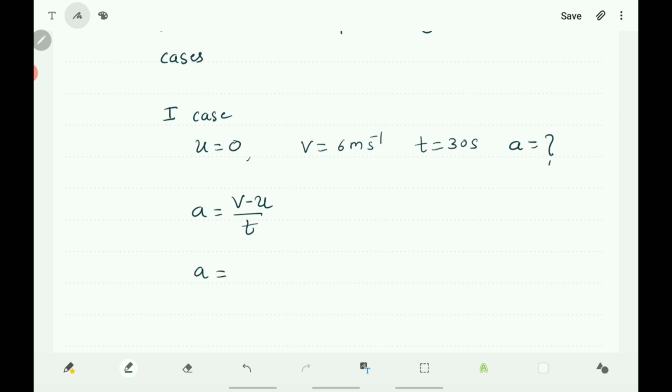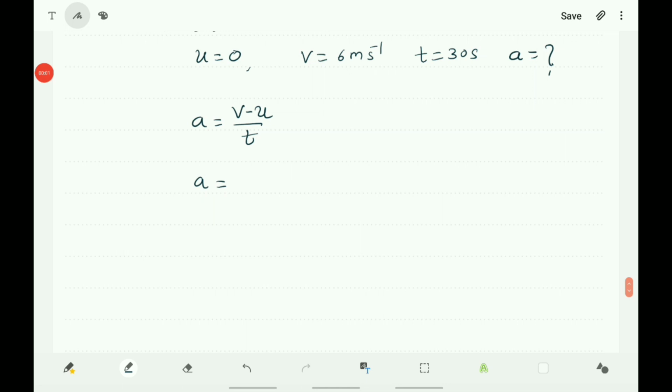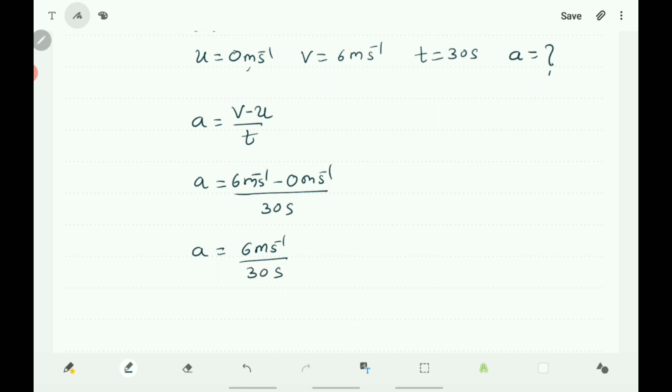That is a is equal to v is 6 ms^-1 and u is the initial velocity, that is 0 ms^-1, by the time taken, 30 seconds. Here it becomes a, 6 minus 0 is 6 only. That is 6 ms^-1 by 30 seconds.